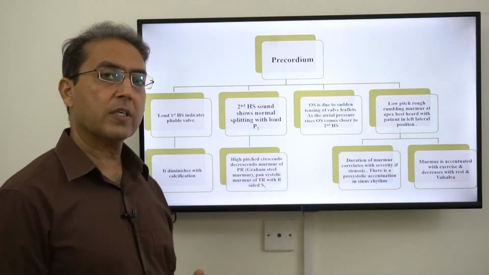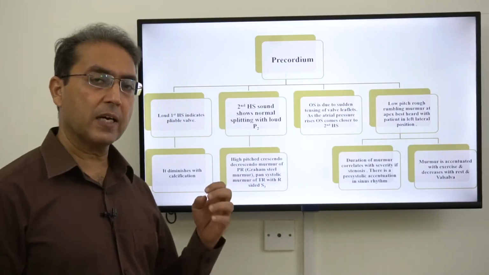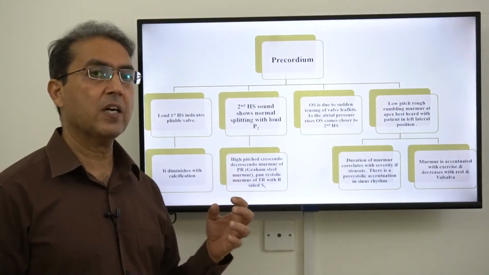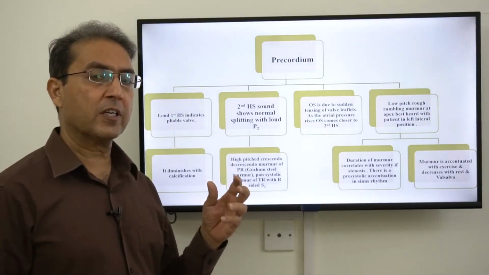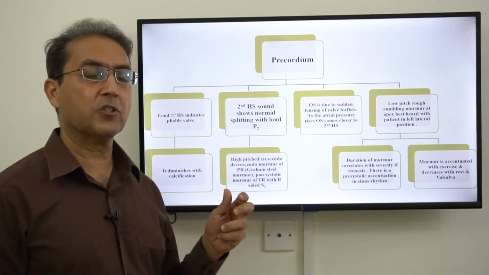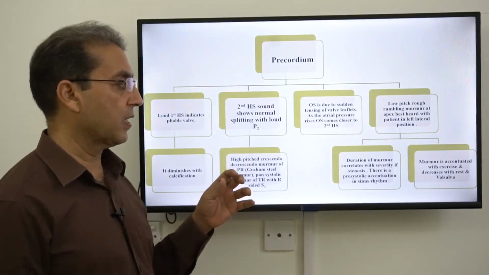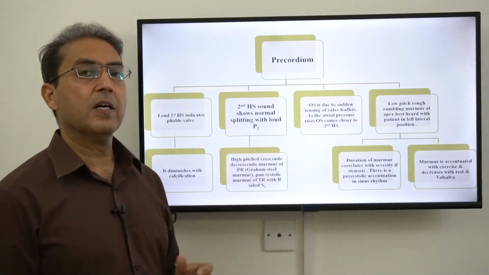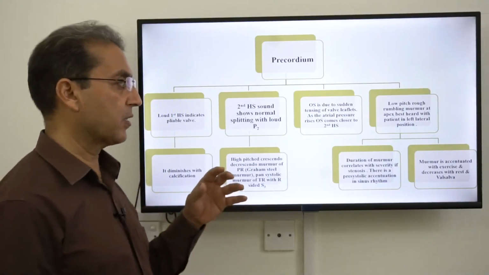And in patients who are in sinus rhythm, you can hear a pre-systolic accentuation. That is just at the end of diastole when there is atrial systole. So the atria give a final kick to push the blood in the atrium into the ventricle. That results in another murmur, called pre-systolic accentuation of the murmur.